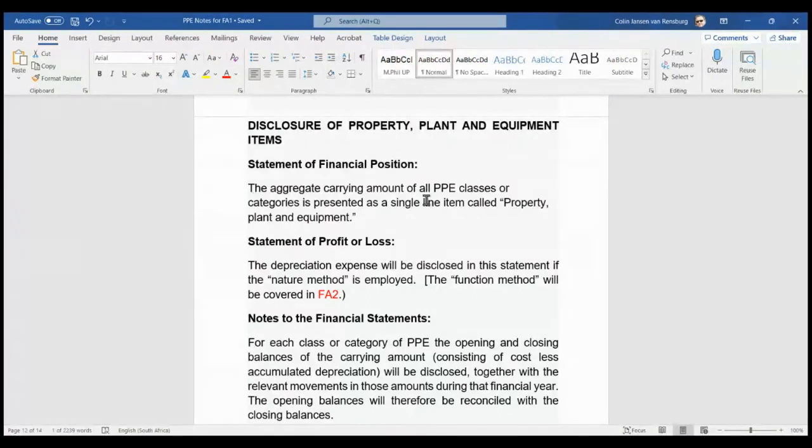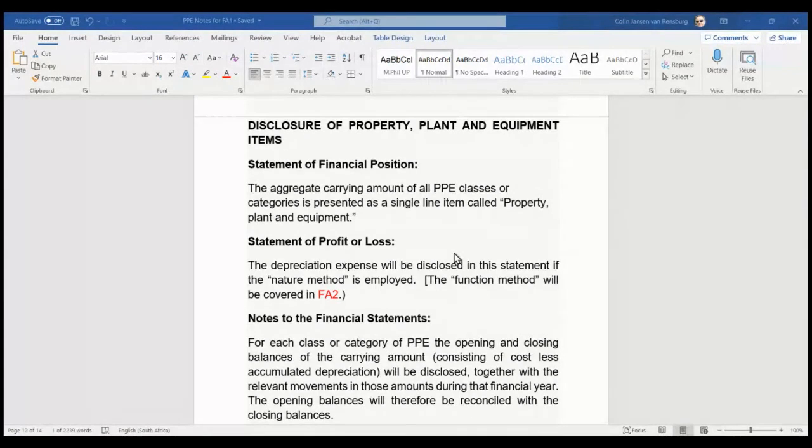So the way that we normally disclose it is just to have your total carrying amount for all your property, plant, and equipment on the face of your statement of financial position, right? Perhaps I don't want to waste too much time on this, but perhaps we can discuss it a little further. It all depends on you as an accountant, and on how large the business is.